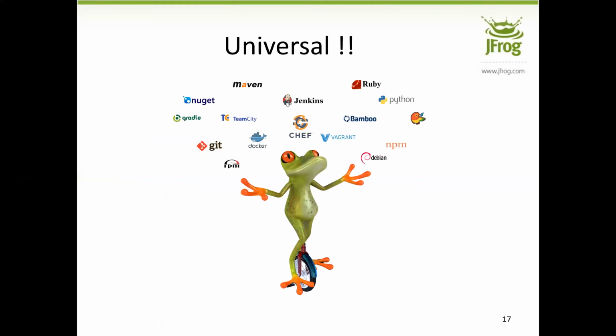Dashing, or Smashing, sorry, is in Ruby, so you'll be able to store your routine into Artifactory. And on top of that, I showed you how different teams can be using Artifactory to store their binaries. So this is it, I'm done with my demo.